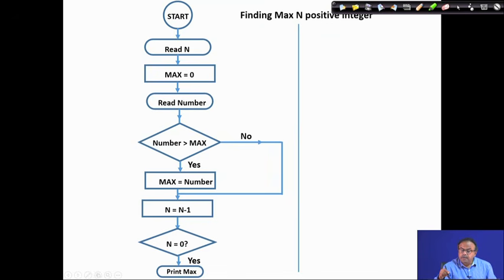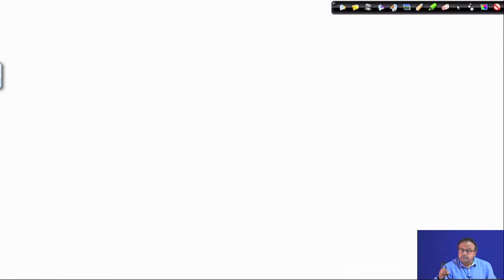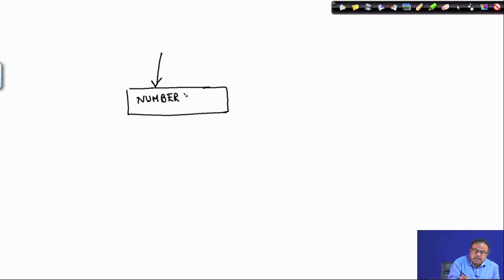I am drawing it here. It should come like this. So, I have read a particular number, and then if that particular number is greater than max, I am sorry.